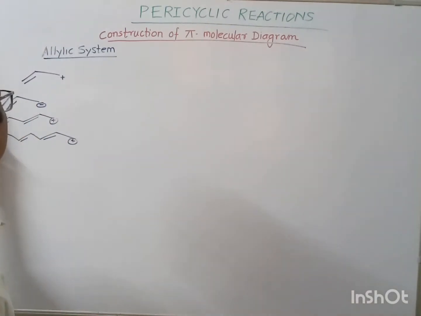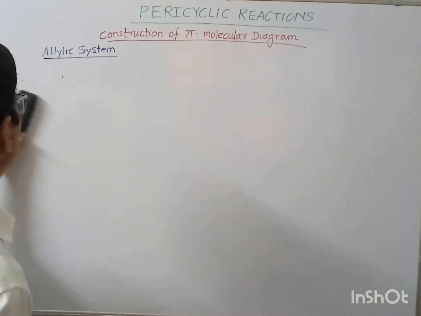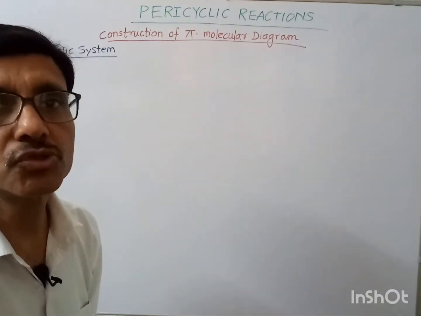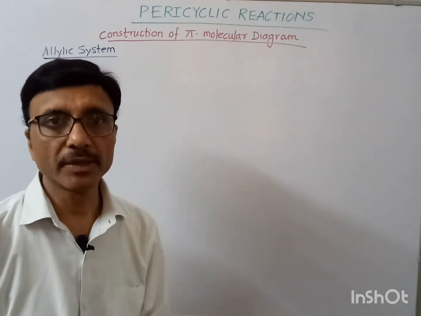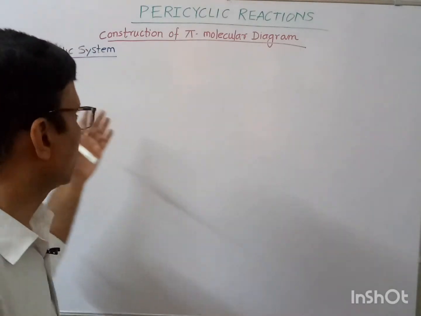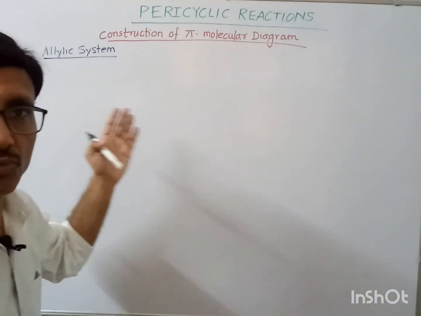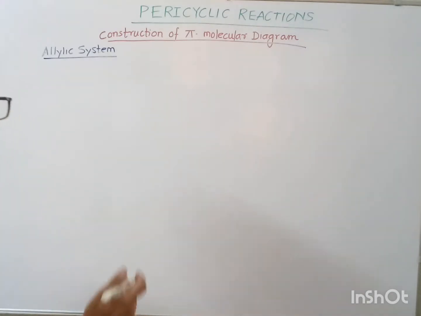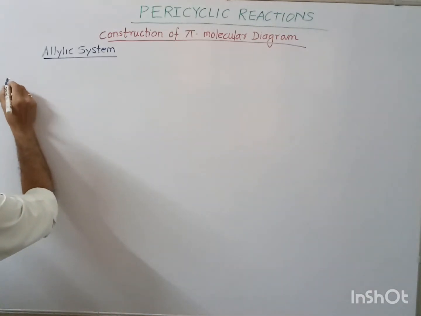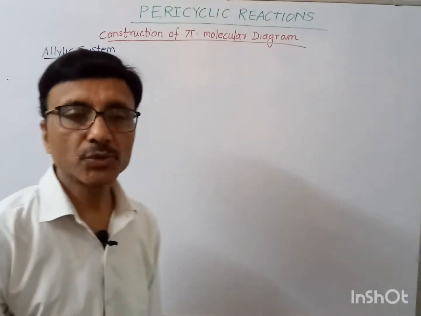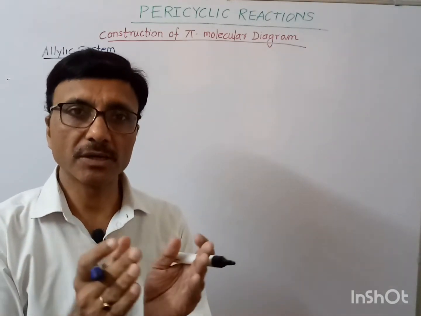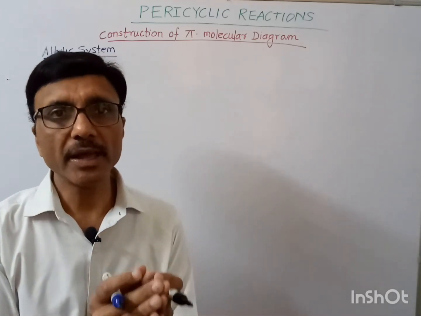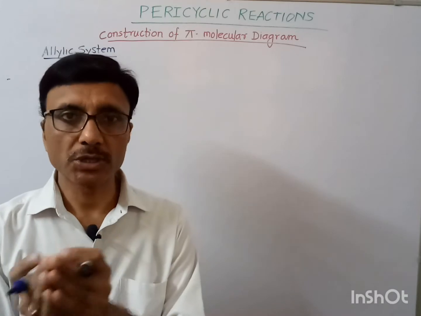For drawing these molecular orbital diagrams, we should know some rules. Previously I told you some of the rules to draw the molecular orbital diagram. Some of the rules are common here also, and some new rules are also there to construct their molecular orbital diagram easily. One of the things I told you in my previous lecture: if there are 2 atomic orbitals, then they will combine and give you 2 molecular orbitals.